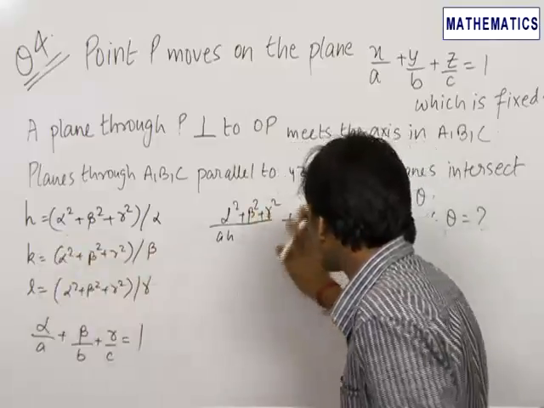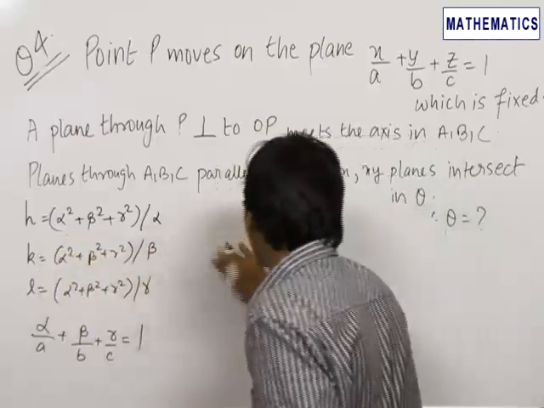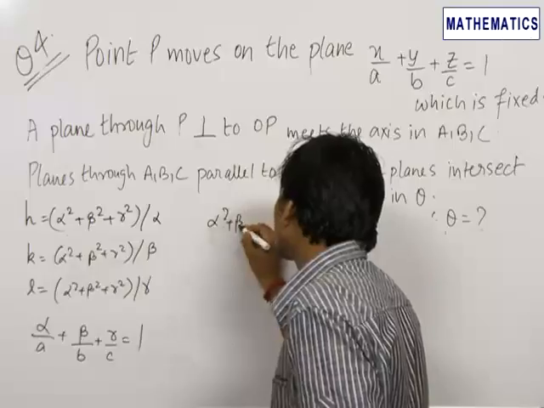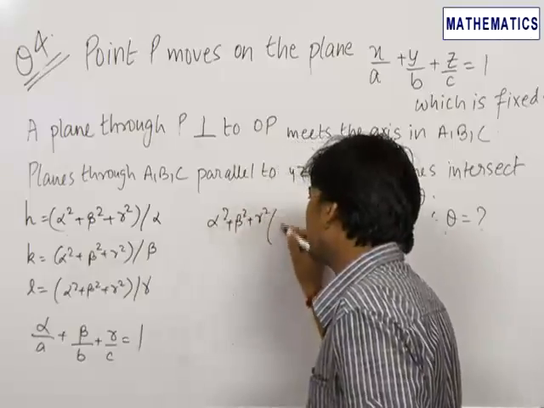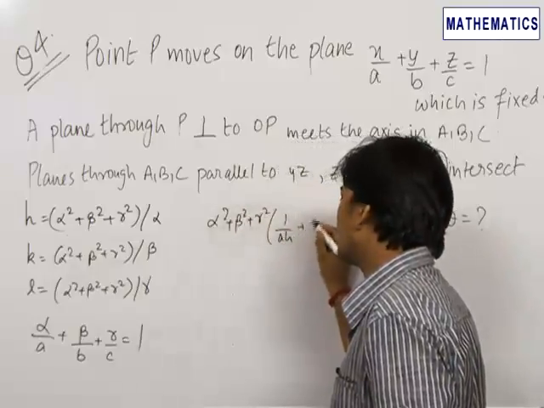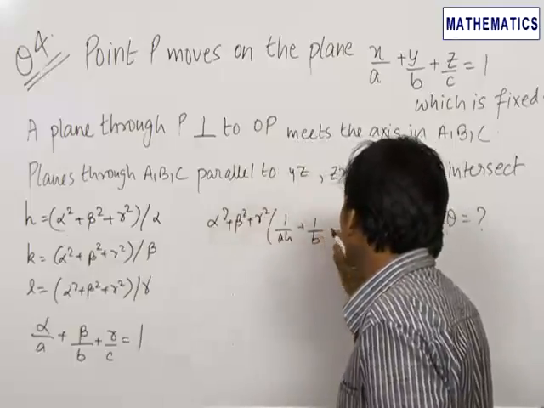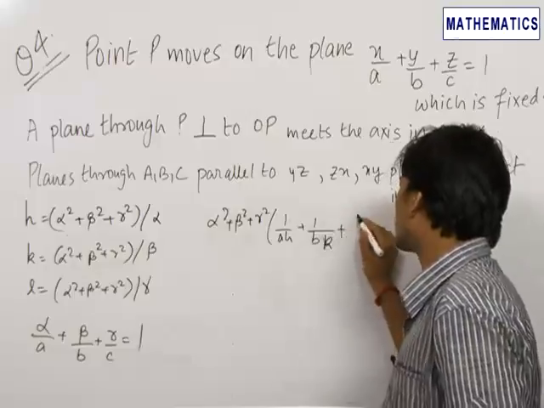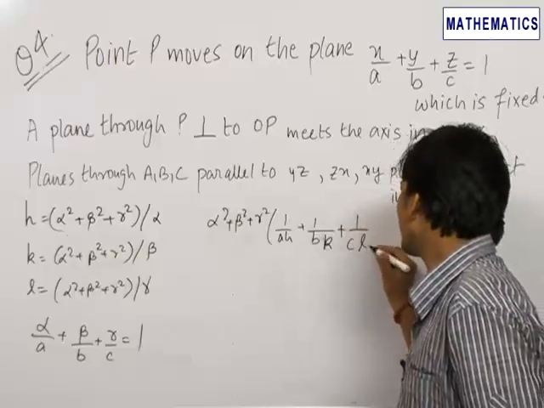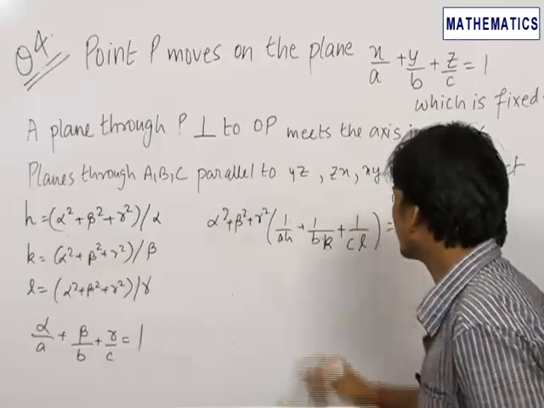Again we get alpha square plus beta square plus gamma square common, into 1 upon AH plus 1 upon BK plus 1 upon CL is equal to 1.